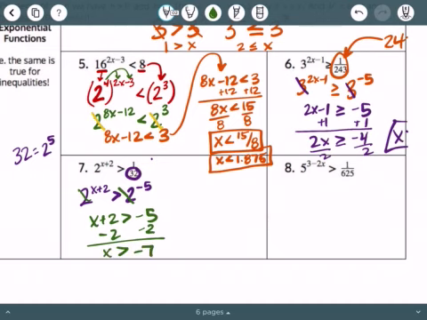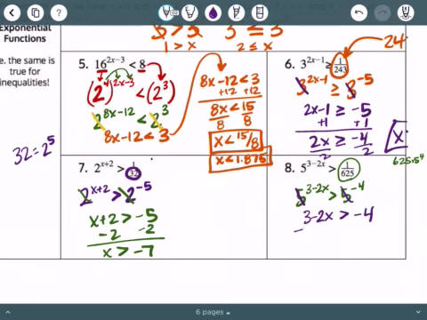And then finally for our last problem, 625. I know that 625 is 5 to the 4th power, so this must be 5 to the negative 4th power, is less than 5 to the 3 minus 2x. My bases are the same, so I have 3 minus 2x has to be greater than negative 4.